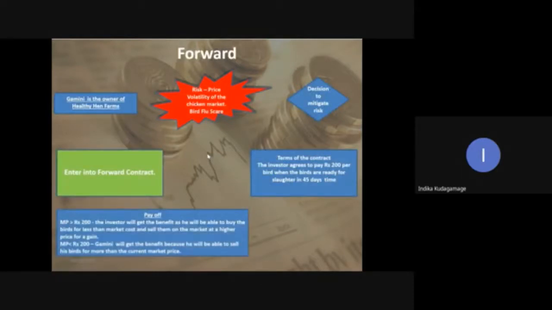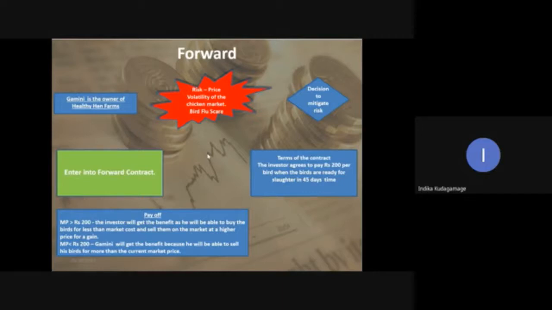Gamini is the owner of the Healthy Hen farm. He is afraid of the price fluctuation. So he wants to negotiate and mitigate the risk. He goes to a guy and says, okay, I will sell my chicken at 200 rupees a piece after 45 days.